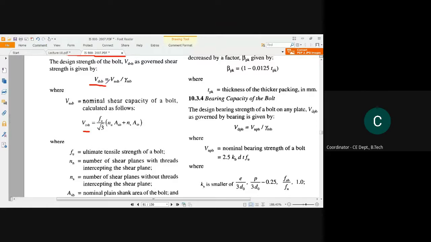But what is the purpose of separating these two shear force terminologies? Well, let me give you one example. See what happens at the time of designing. There will be a shear capacity of a bolt itself, right? Say a bolt has a capacity.